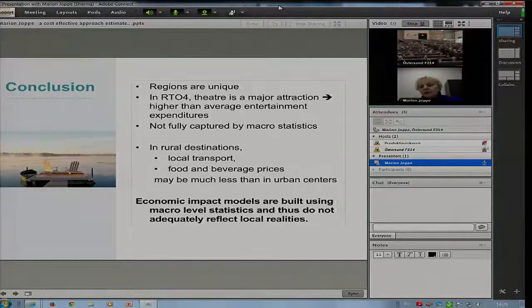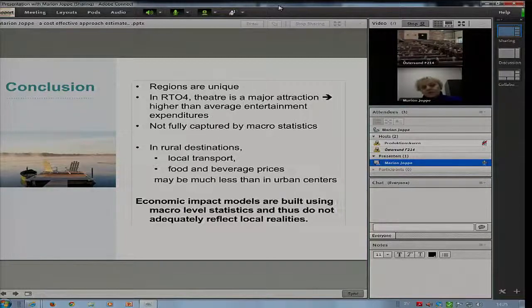And things like local transport and food and beverage prices are probably much less in the rural regions than the urban centers, and therefore by just reallocating the expenditures across all regions in an identical fashion, you are overestimating what is happening in these rural areas.